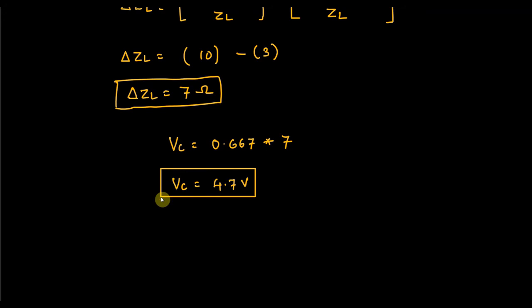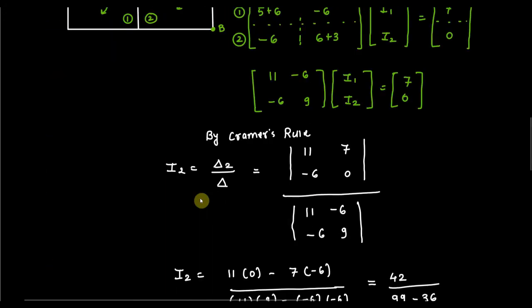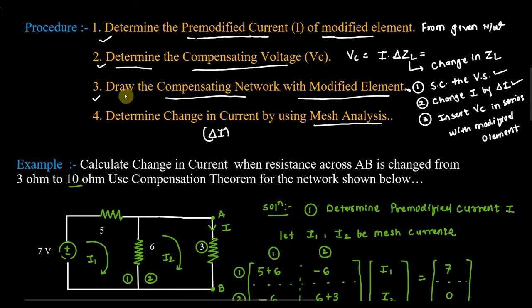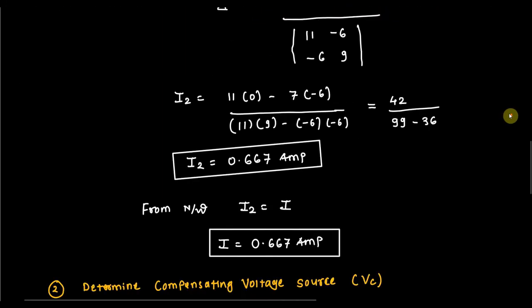What we have done in the second step is simply calculate the value of the compensating voltage. Now we have finished two steps. Now what is the third step? The third step is to draw the compensating network. For that you have to follow this step: short circuit the voltage source, change I by delta I, and insert VC in series with the modified ZL.